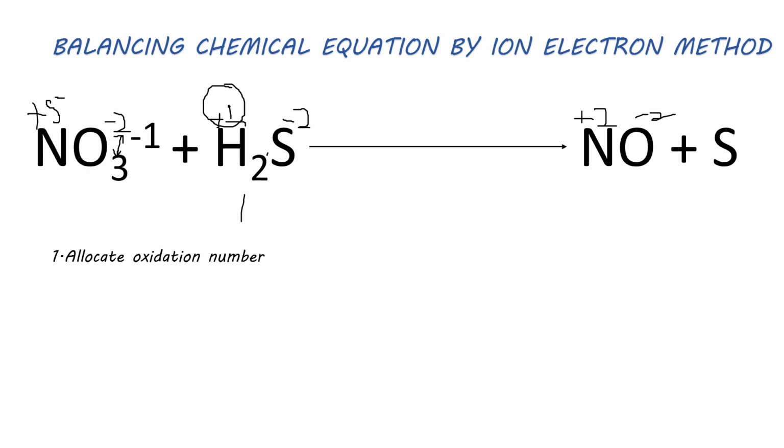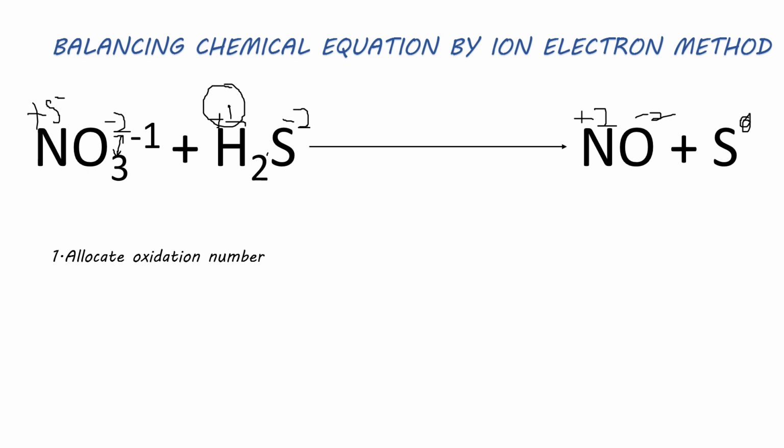In the case of HS, we would put -2 and +1 to make it neutral, but here it is H2S, so we place +1, and 2 hydrogens means +2. Now the whole compound is balanced, and there is no oxidation number to allocate because it is a single atom. Now we are done with the first step.